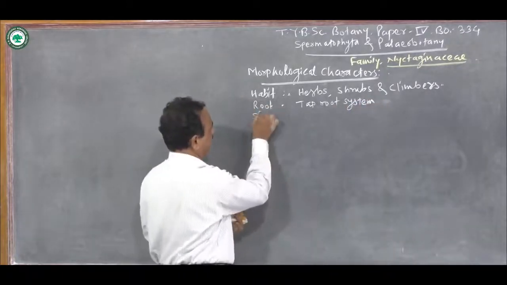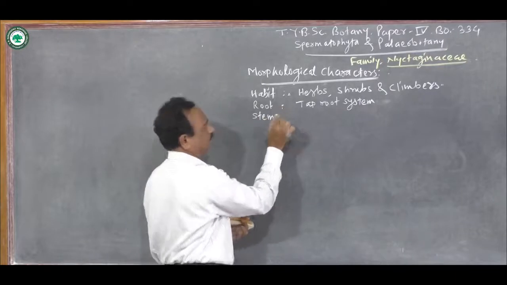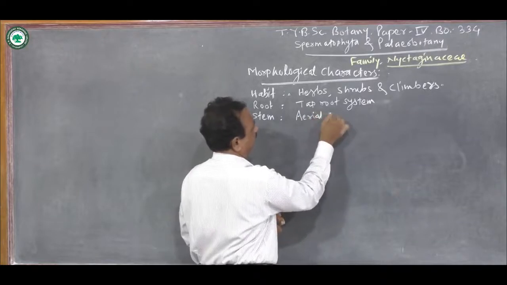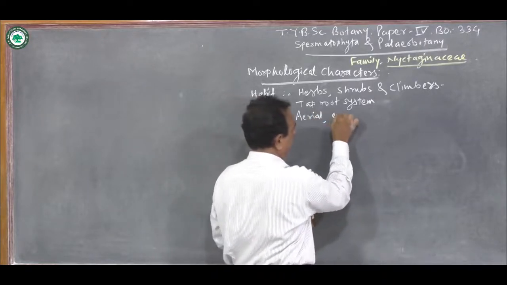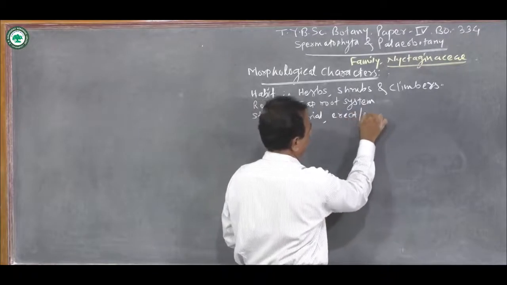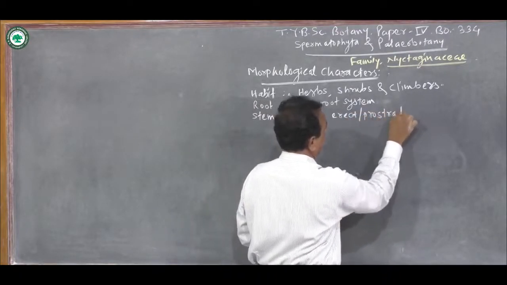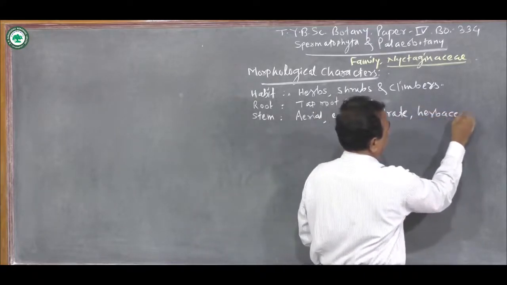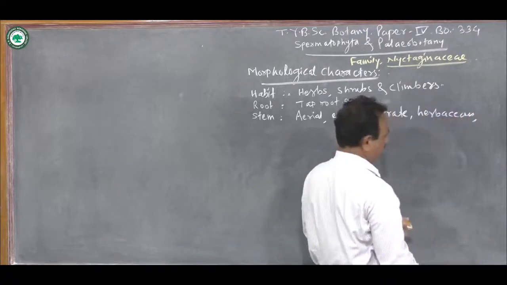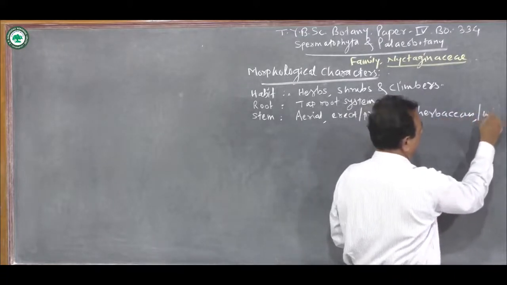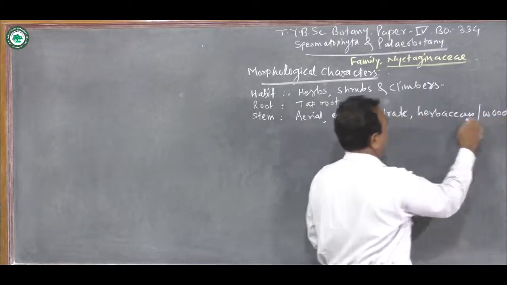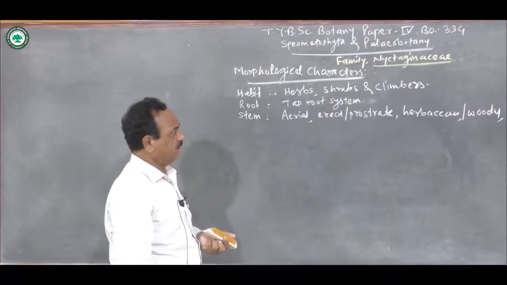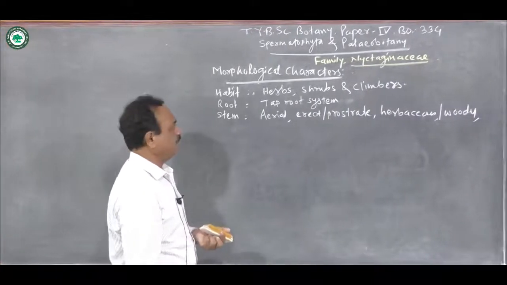If we see the stem, the stem is aerial. It is erect or maybe prostrate. In some plants it is prostrate, if the plants are herbs. The stem may be herbaceous or it may be woody. If the plants are shrubs and woody climbers, then the stem is woody.